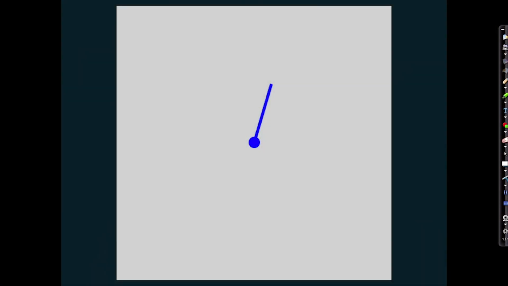So here you can see a blue line, and the blue line is going to rotate. Now what you'll notice is that the steadily moving blue line is accompanied by a flashing blue line.